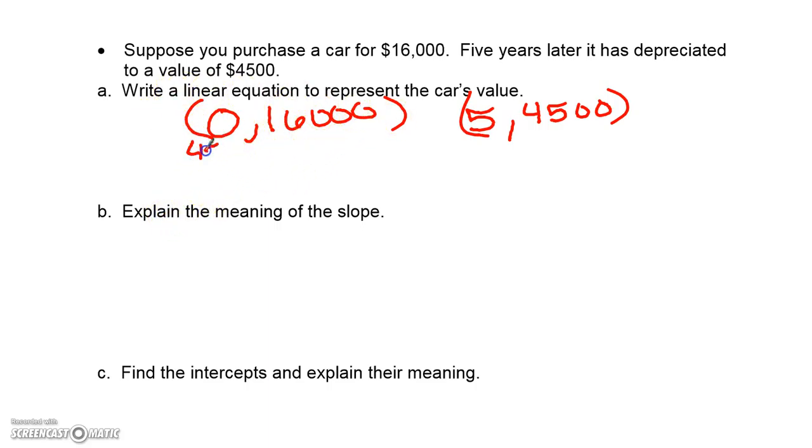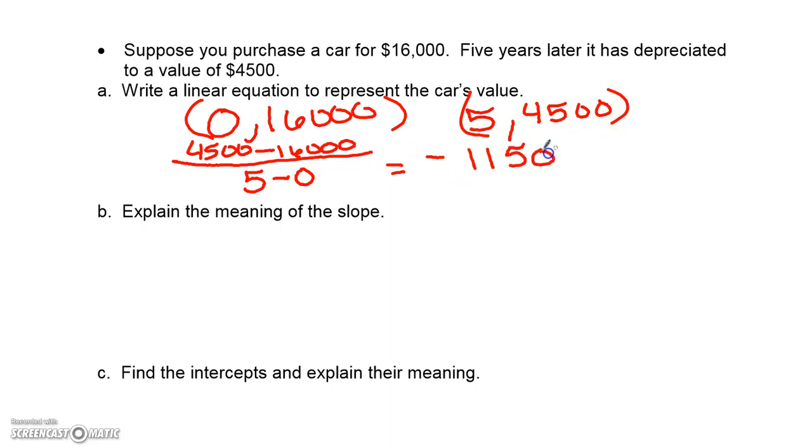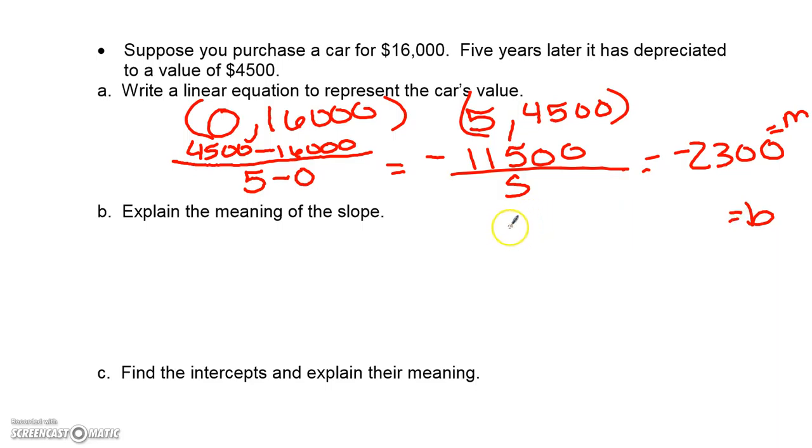So 4,500 minus 16,000 over 5 minus 0, negative 11,500 divided by 5 is negative 2300. So that's m. b is y minus mx.